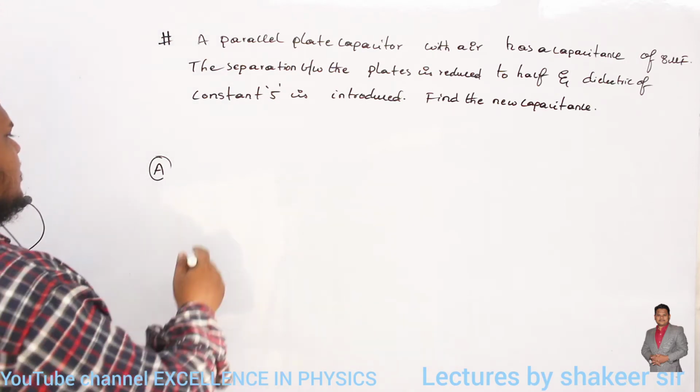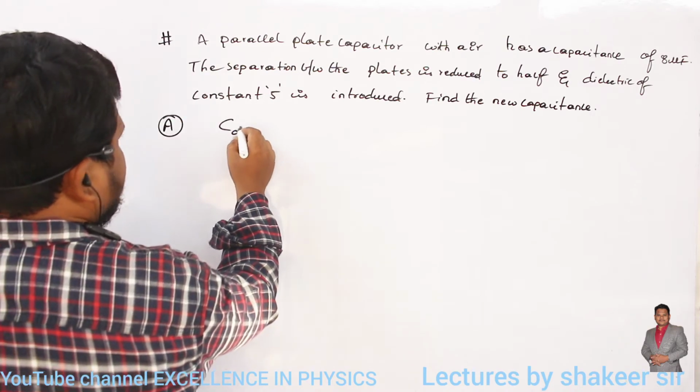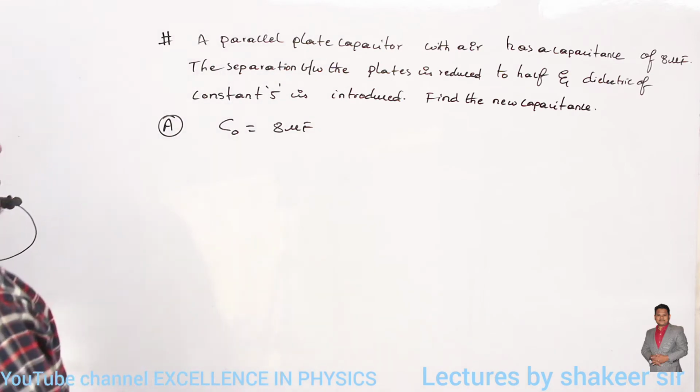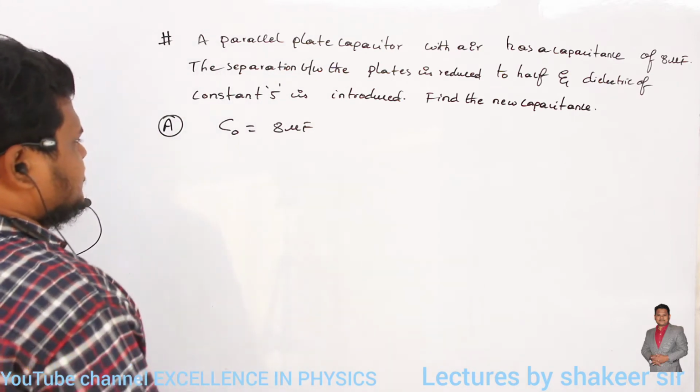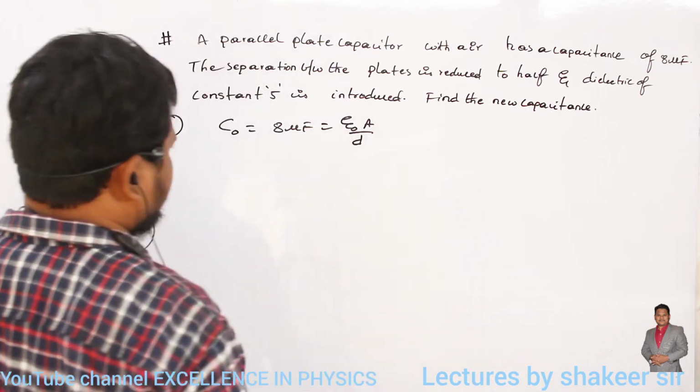So the initial capacitance C naught is equal to 8 microfarads. The separation between the plates is reduced to half. So let this one be epsilon naught A divided by d.